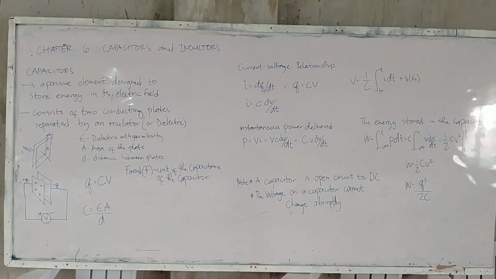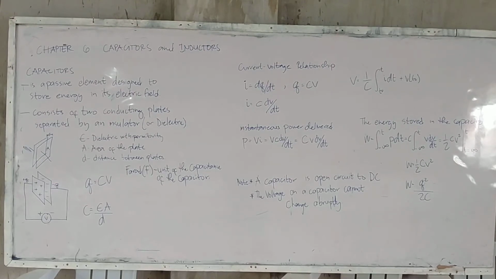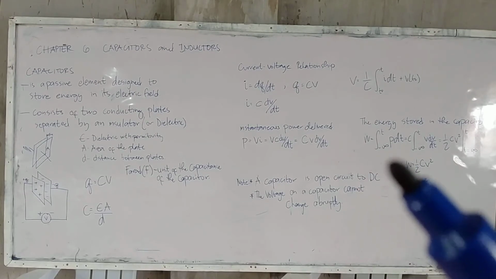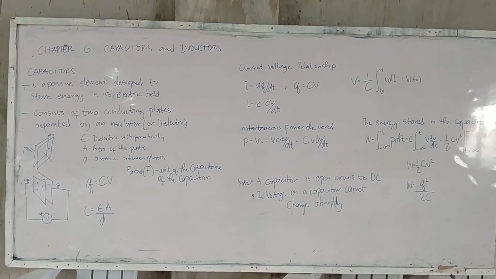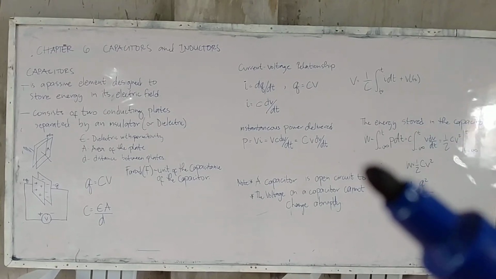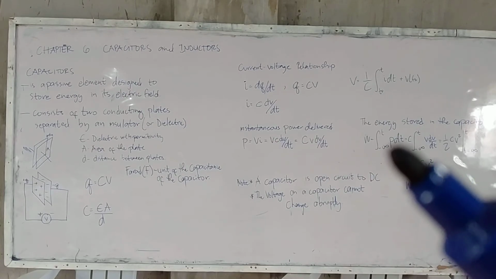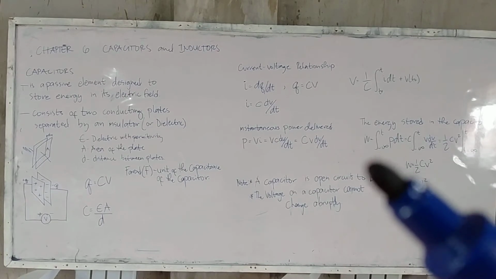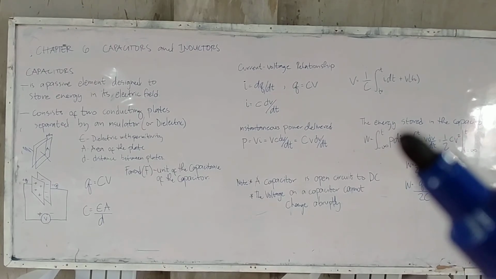The relationship between energy and power is that energy is equal to power times time. But this time around, we have energy is equal to the integral of p dt from negative infinity up to t.